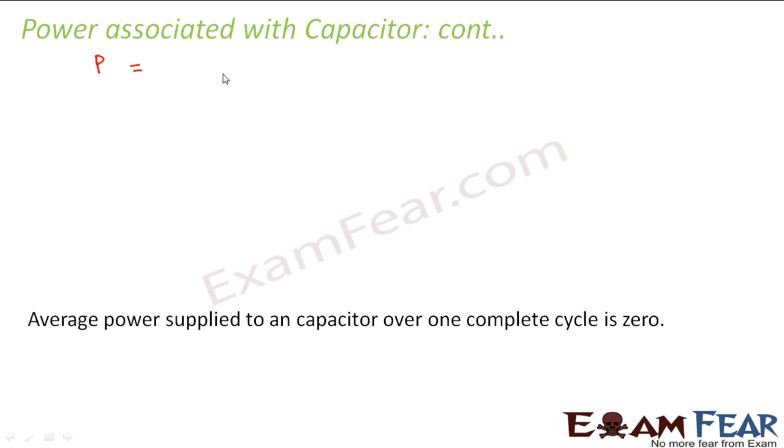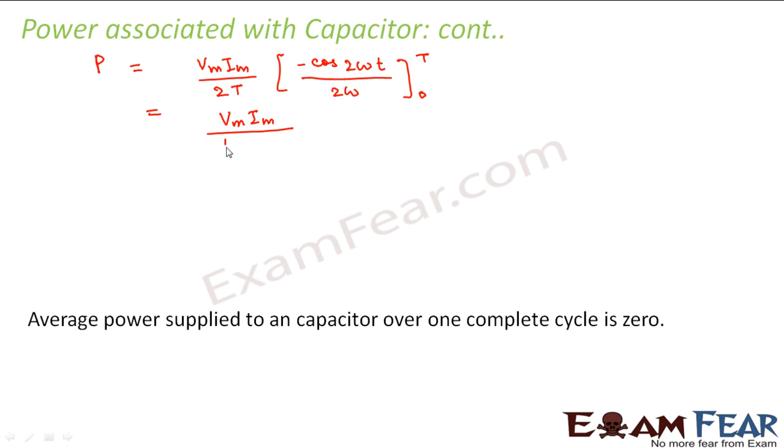So we can write this as equal to VmIm divided by 2T into minus cos 2 omega t divided by 2 omega from 0 to T. So this will be equal to VmIm divided by 4T omega into minus cos 2 omega T plus cos 0, which is 1.